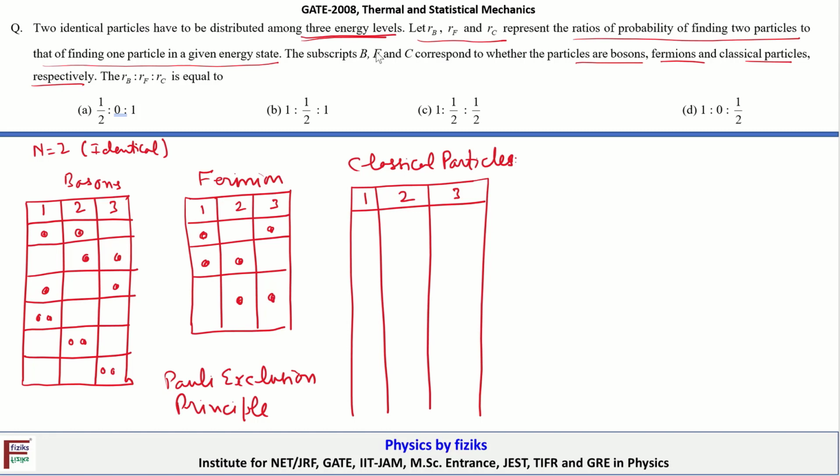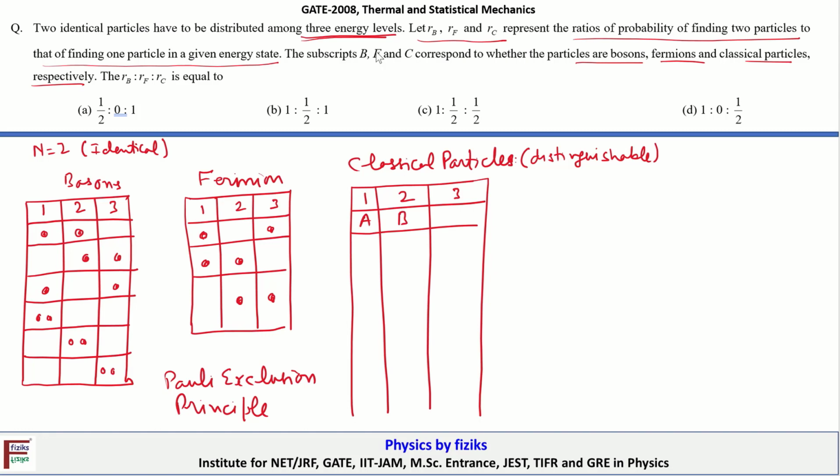But when we talk about the classical particle, they become distinguishable. So classical particles are distinguishable basically. So when we treat them as distinguishable, again there is no constraint on the occupancy.